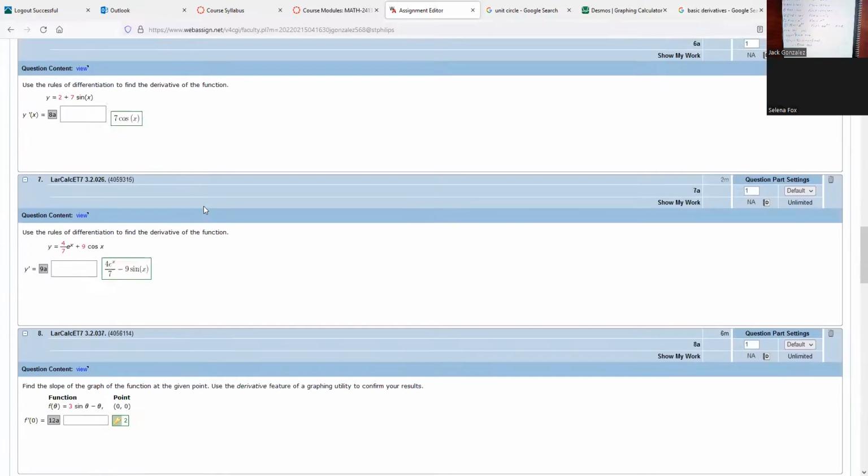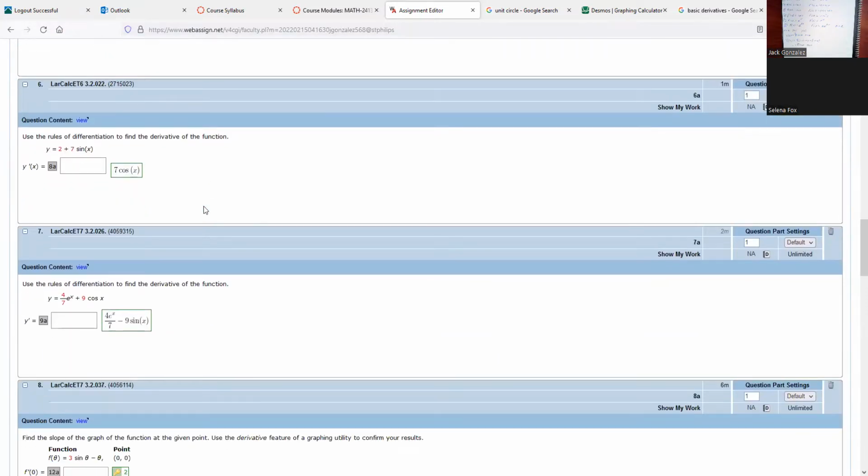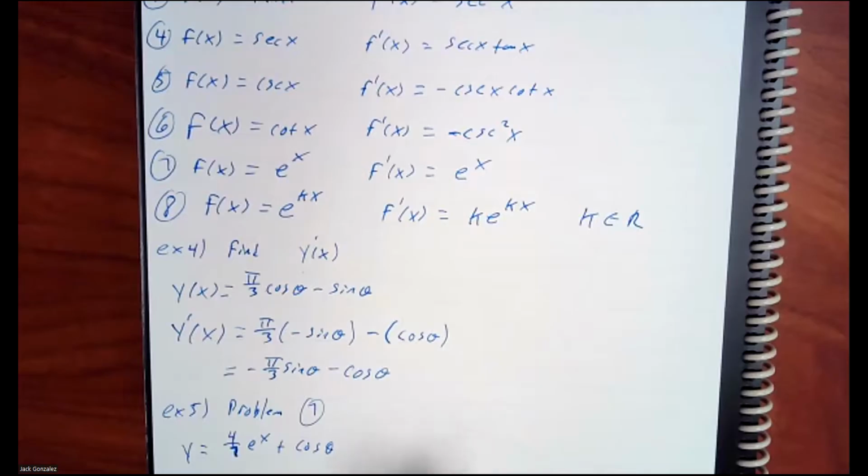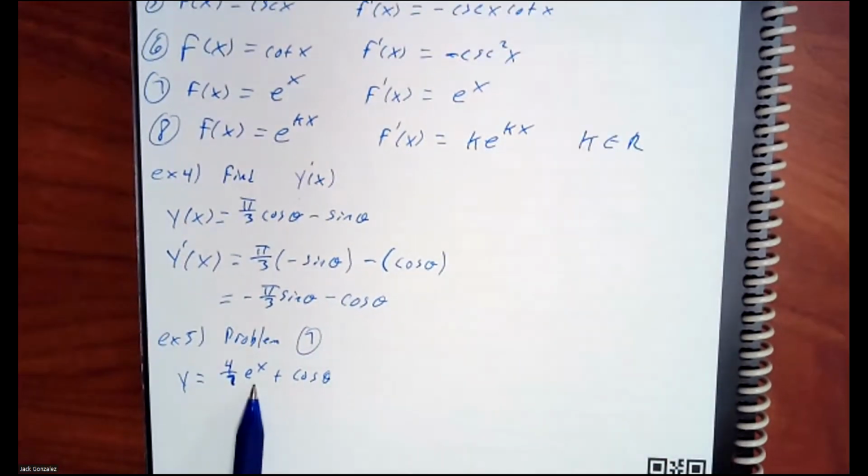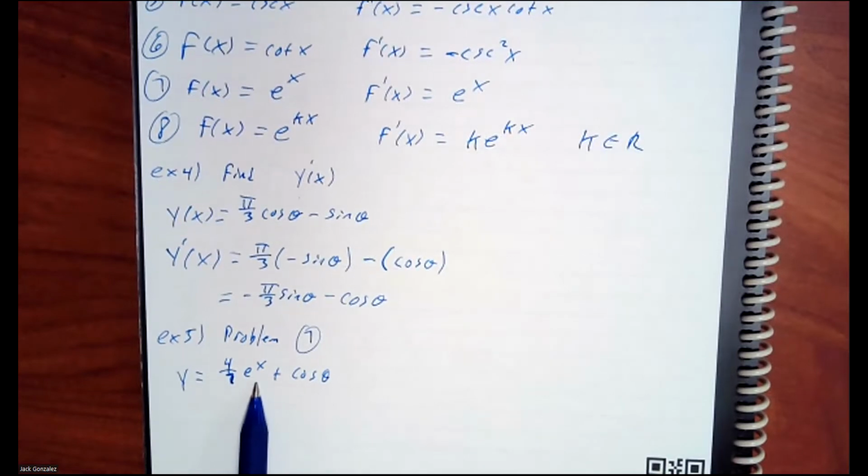Okay, let's do number 7. The derivative of e to the x is going to be itself, right?